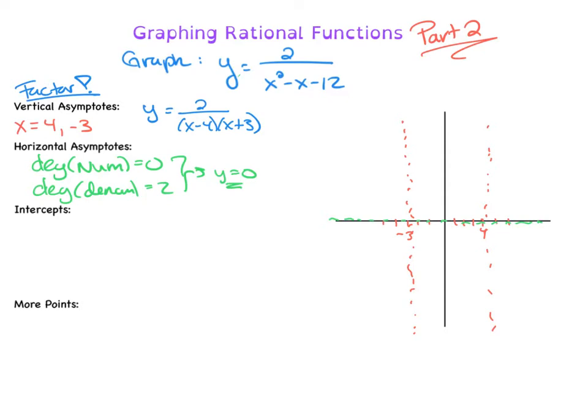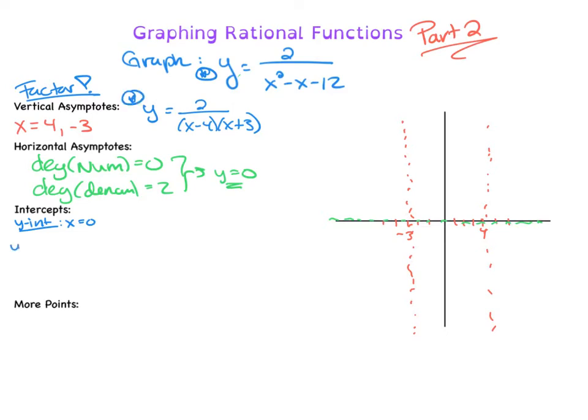Okay, next thing to find is our intercepts. So remember, when you're finding your y-intercept, you're going to set x equal to 0. It doesn't matter whether you put it into the factored form or the original form, either one is fine.